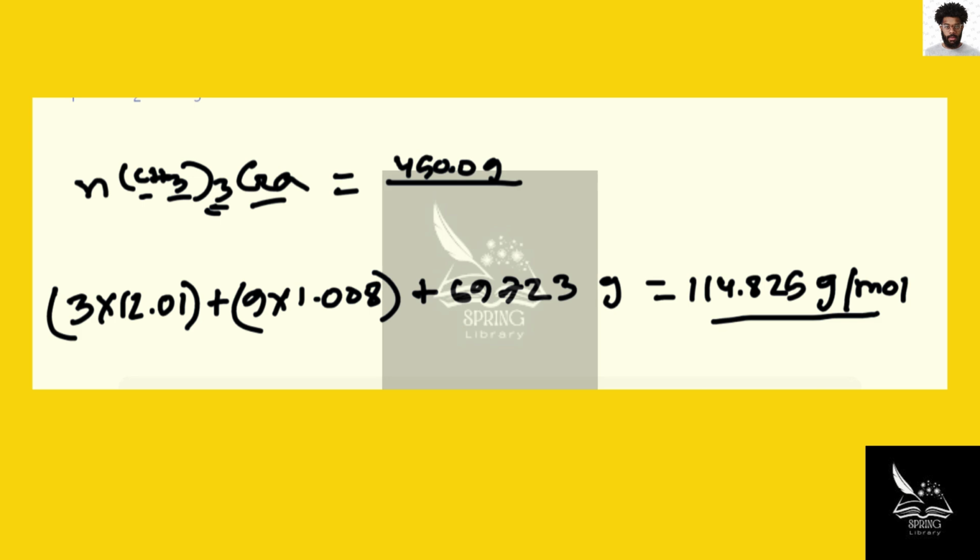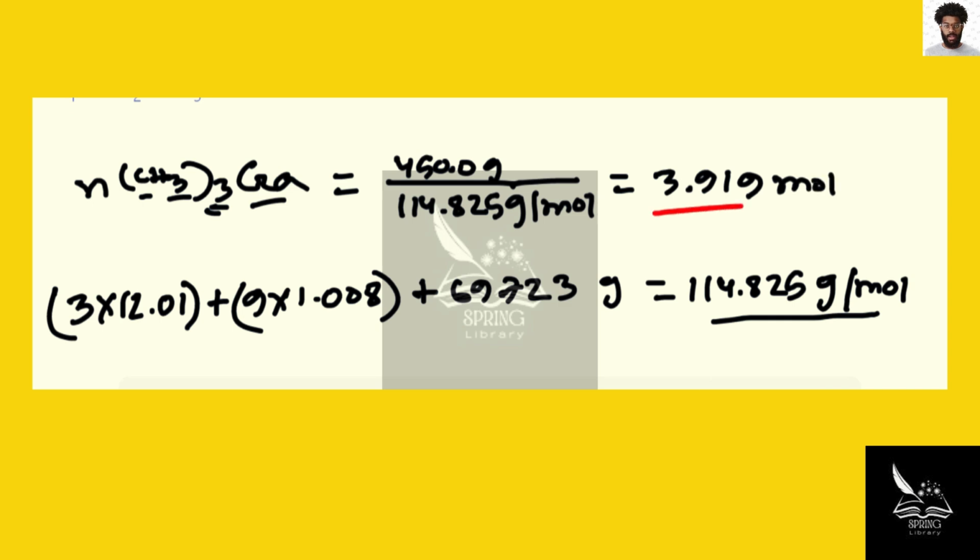So we put this under the mass of trimethyl gallium, which will give us a value of 3.919 mole. So this is the number of moles of trimethyl gallium which is reacting.